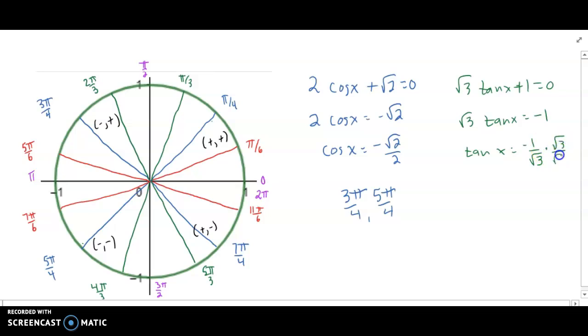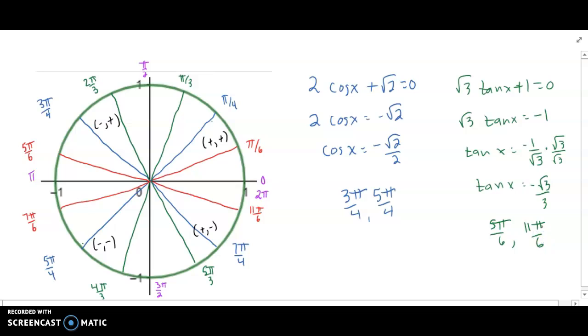So multiply the top and bottom by the square root of 3, giving me the tangent of x equals negative root 3 over 3. That's going to occur at the pi over 6's, but first I want to know what quadrant I'm going to be in. Tangent is negative where the sine and cosine have opposite signs. One's positive, one's negative. That's going to happen in quadrant 2 and quadrant 4. And the pi over 6's in those quadrants are 5 pi over 6 and 11 pi over 6.